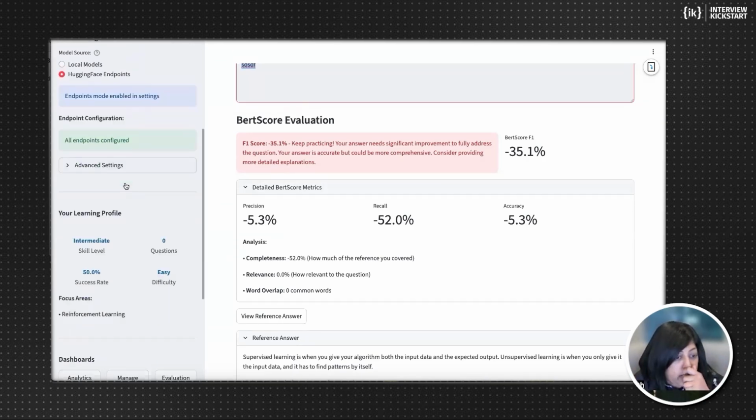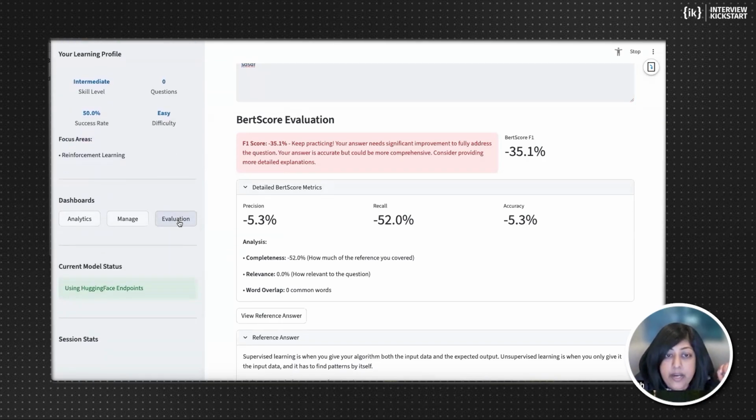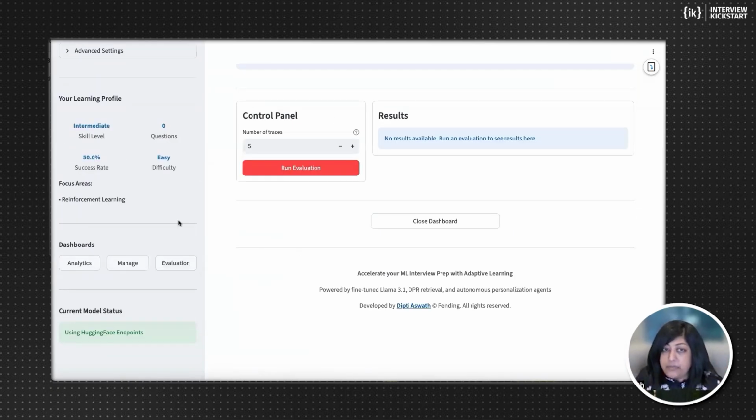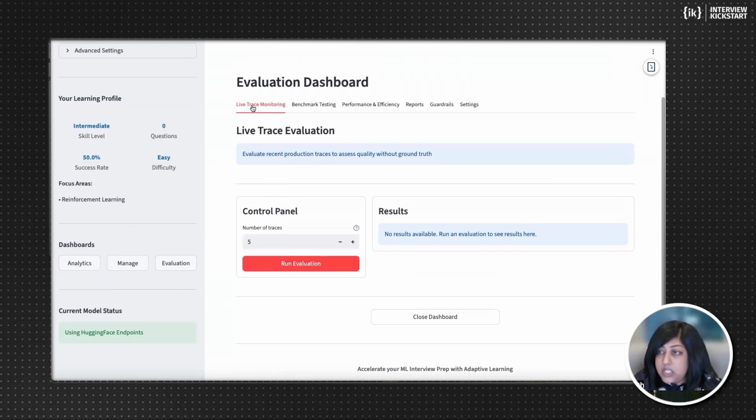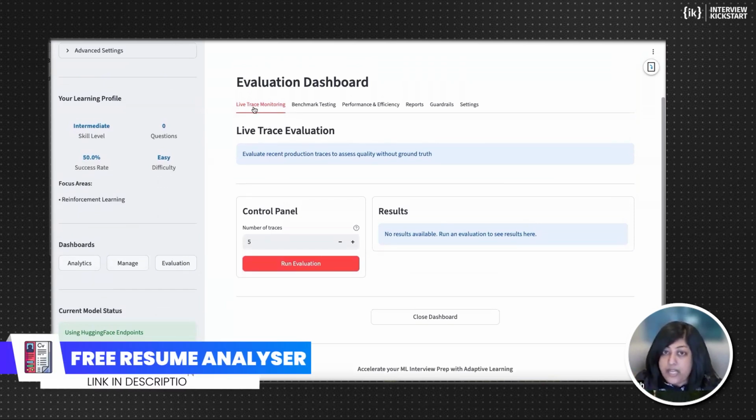Now let's look at the evaluation, where I'm going to use those traces from the beta user and do real-time monitoring. Real-time monitoring means I'm going to run evaluators.